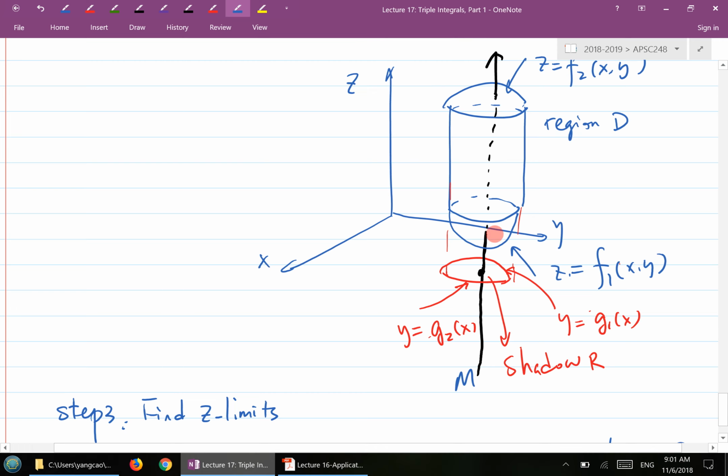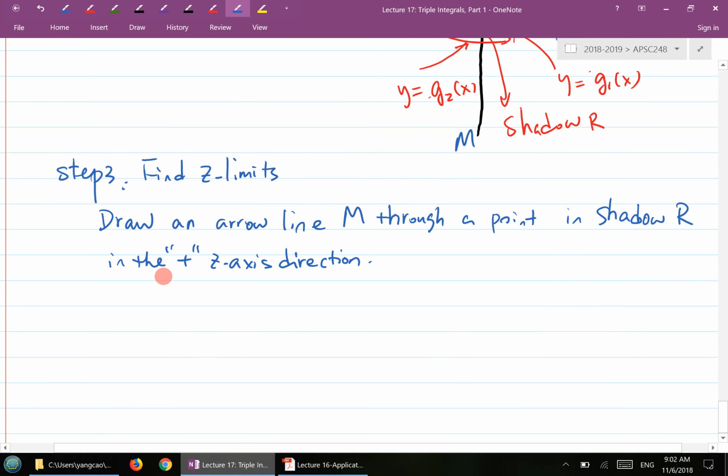If you look at this step right here, what we did is we basically go through the region D, and you have a first contact over here and then a second contact at the top over there, or entry point and exit point. So now my first contact will give me the z min, and the second contact will give us the z max.